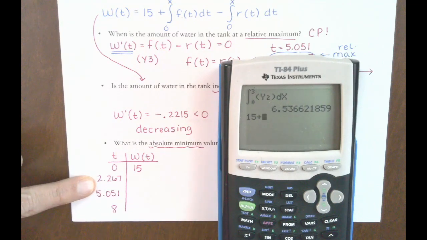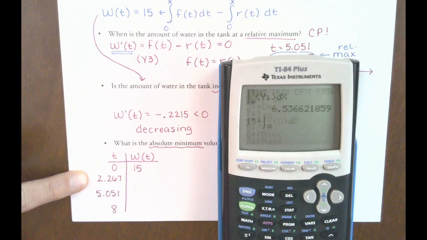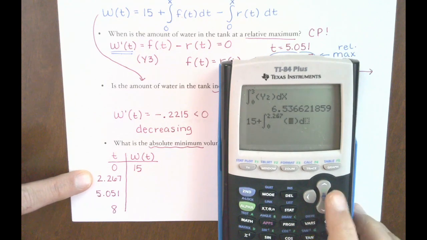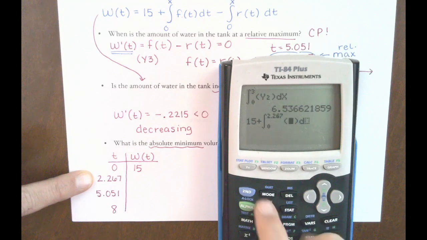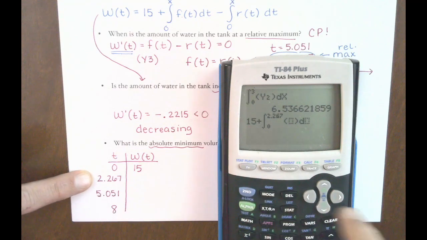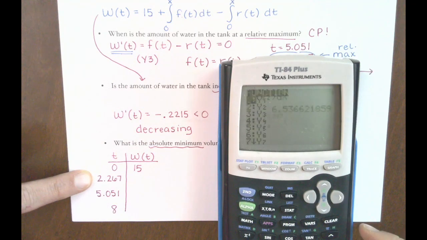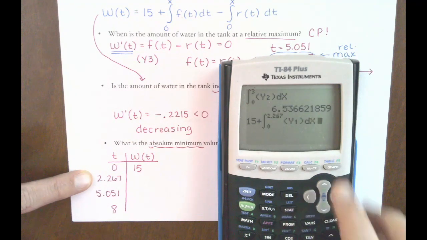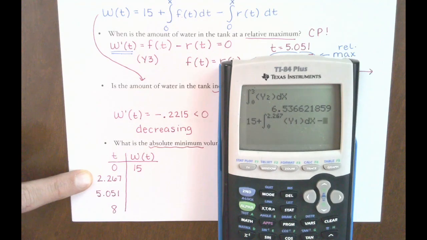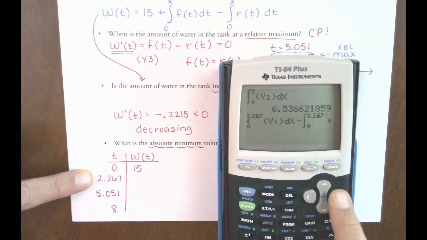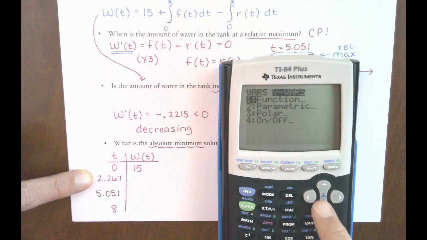2.267. Sorry, I didn't think ahead on that one. Math number 9. I'm going from 0 to 2.267, and I am doing the y1 function dx, and then I'm subtracting the integral from 0 to 2.267 of the y2 function.